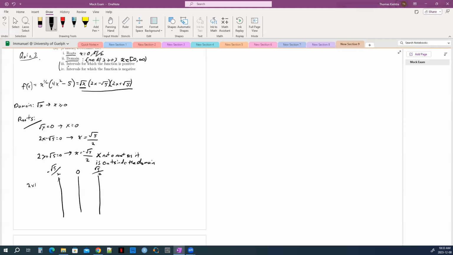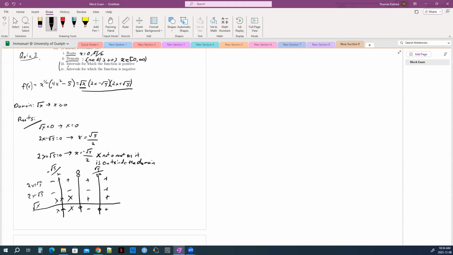I get 2x plus root 5, 2x minus root 5, root x here: plus, plus, plus, negative, plus, negative, negative, negative. I am a 0 here, 0 here, plus, plus. I'm not defined here, so I'm not defined here. I'm a 0 here. I'm negative here. I'm a 0 here, and I'm positive here.